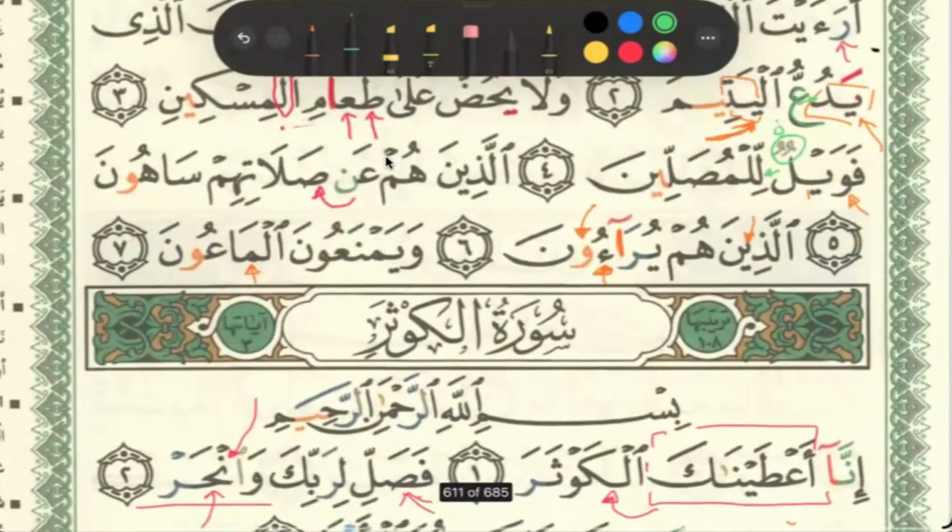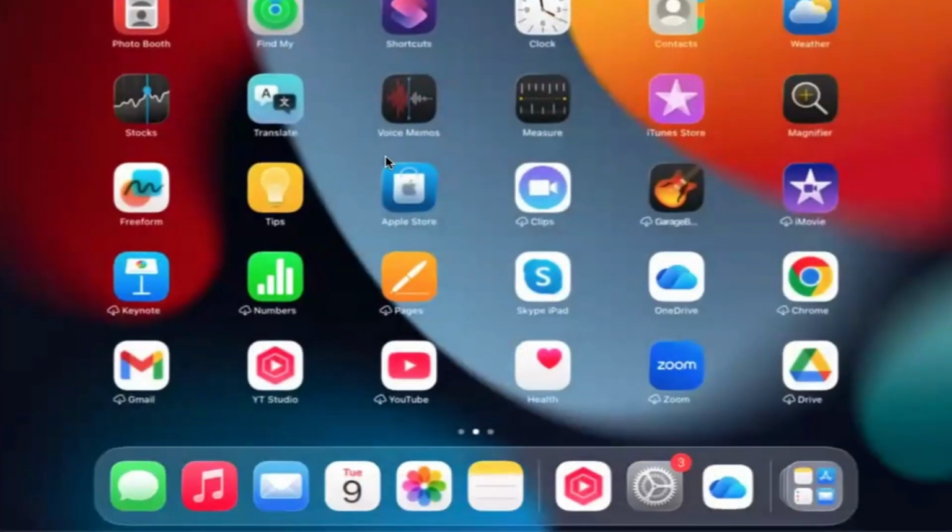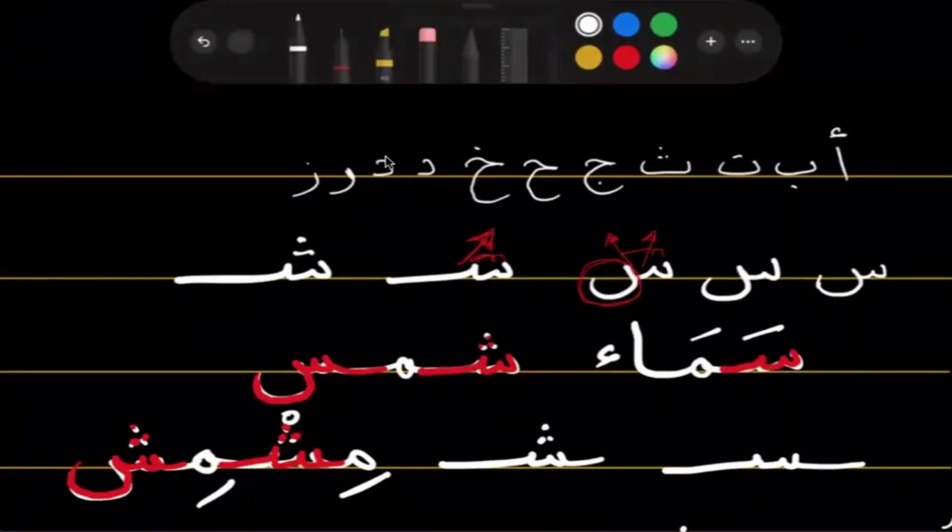Okay. So we got up to ghain today then. So what have we covered here? Dal, ra, zay we did today. Seen and sheen. Gotta make it better. Bod.